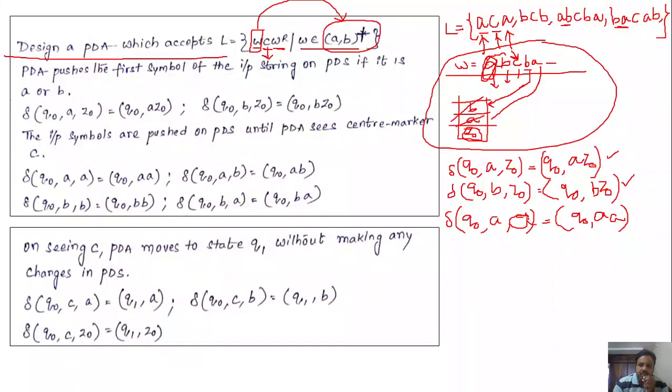We are not pushing double A's: the first one is the stack content A that we have taken out, and the next one is the input symbol.